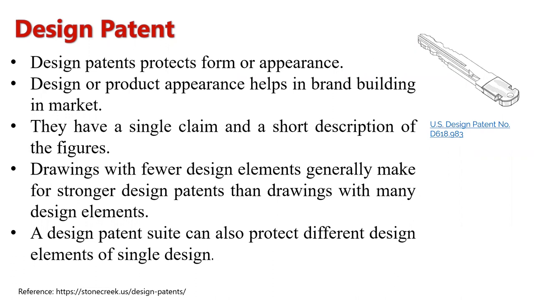But the head design or head portion, we can register, so that no other person can copy it. Because of this design or product appearance, it will help in brand building in the market.